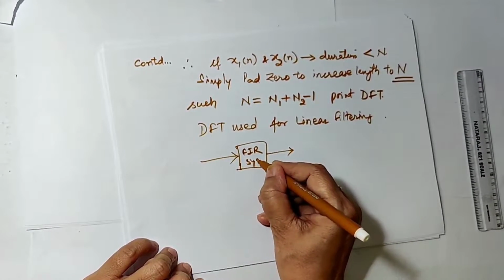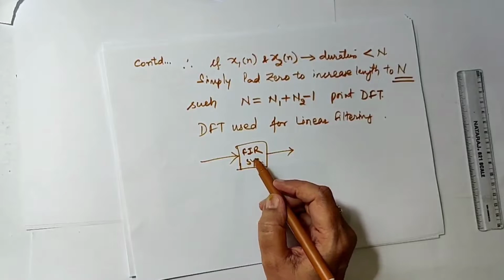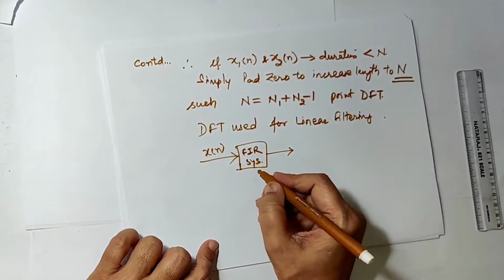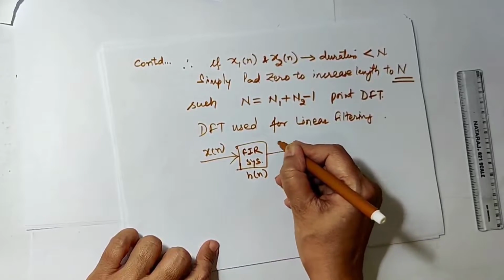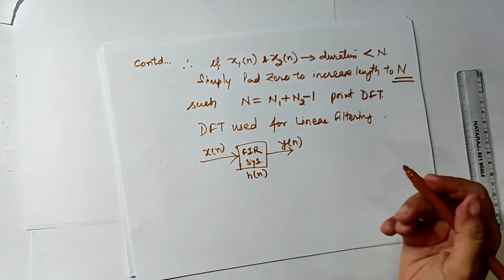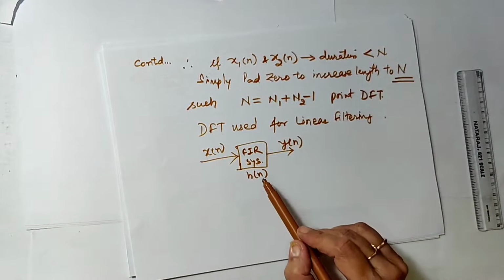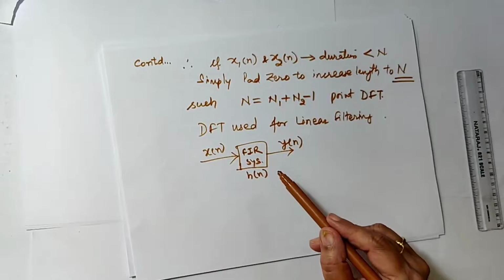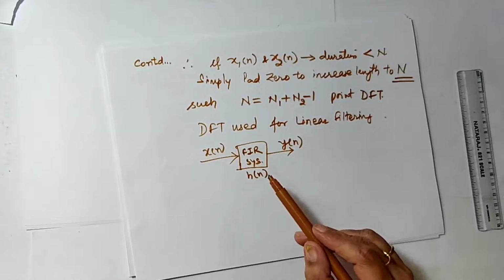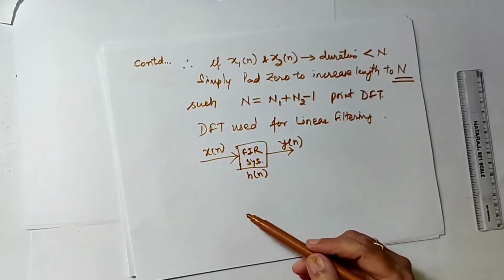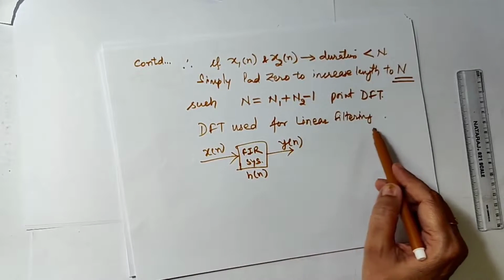You know what FIR says? FIR can be realized by the convolution sum of the sequences, whereas IIR can be realized by its transfer function. This is the definition, because there is no feedback. So no feedback is an FIR filter, and an FIR filter can be realized by linear convolution, and linear convolution means we are doing linear filtering.